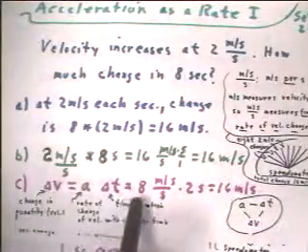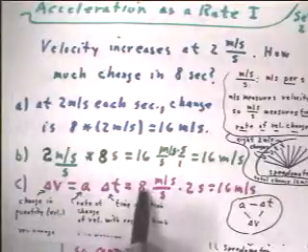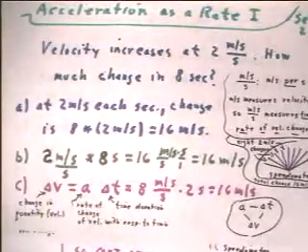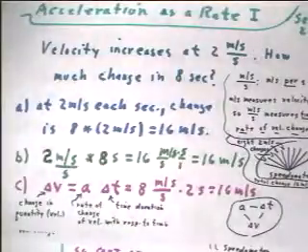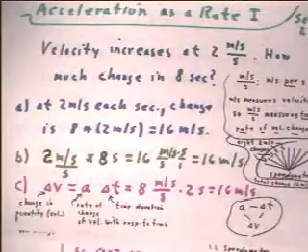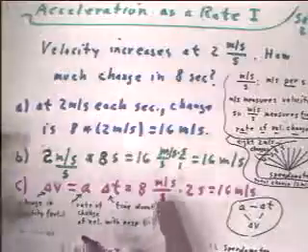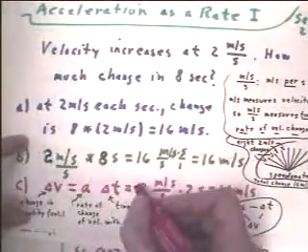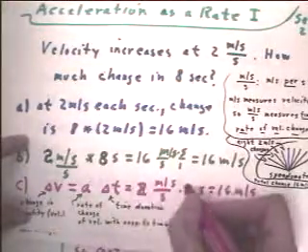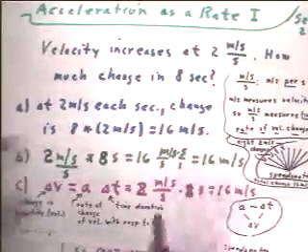Okay? In any case, we're going to have to make the same change here. The acceleration is identified as the 2 meters per second. The time interval is the 8 seconds.